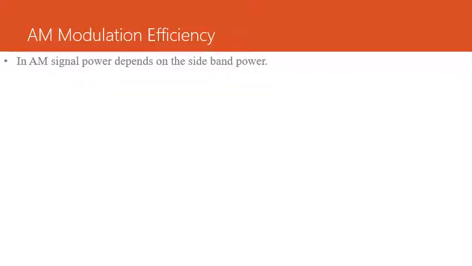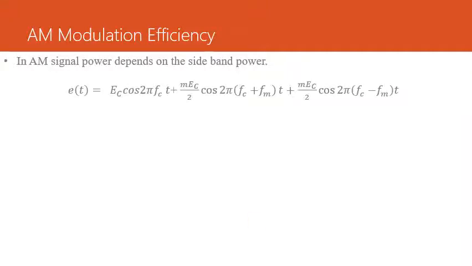Next we want to know what is the efficiency. In AM, the signal power depends on the sideband power. This is the final expression of an AM modulated signal, which contains 3 signal components, that is the carrier signal, the upper sideband and the lower sideband.